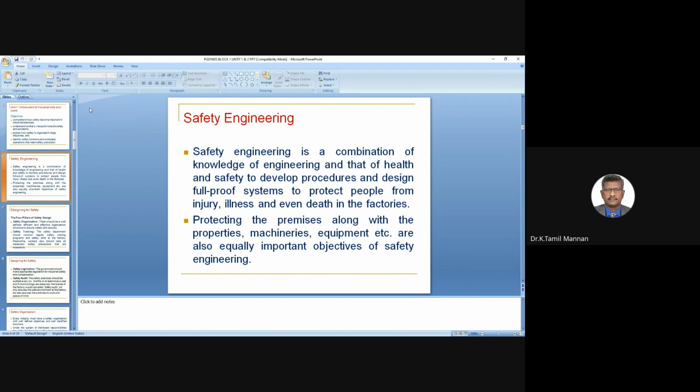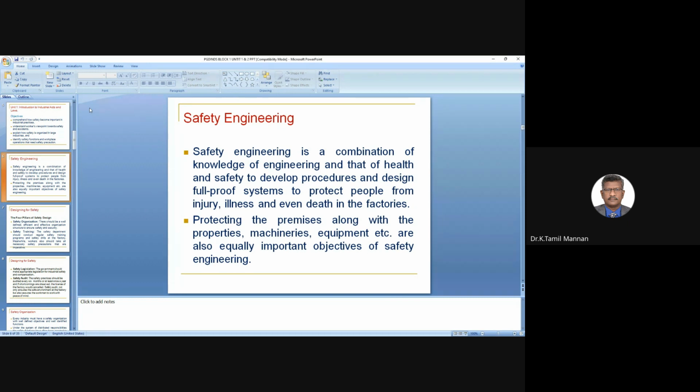Knowledge of engineering together with safety procedures protects people from injury, illness and even death in the factories. Both the engineering part and the safety procedures help to protect people from injury, illness, and various accidents in the industries. That is called safety engineering.